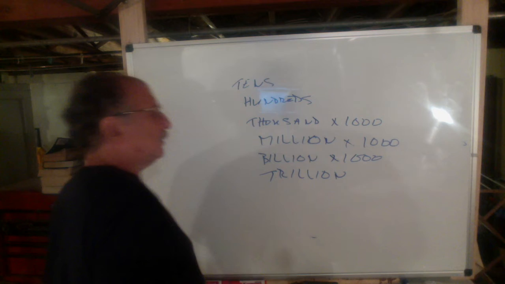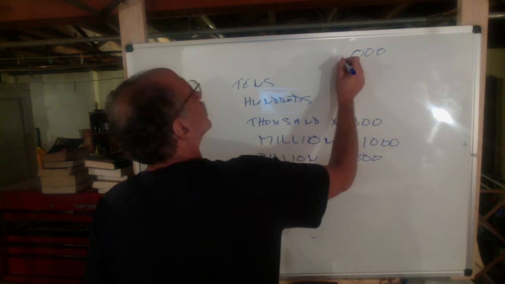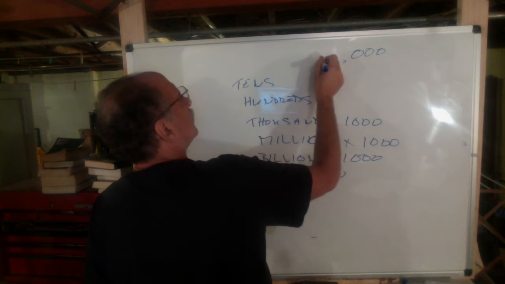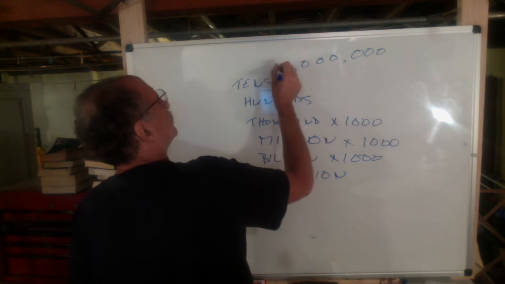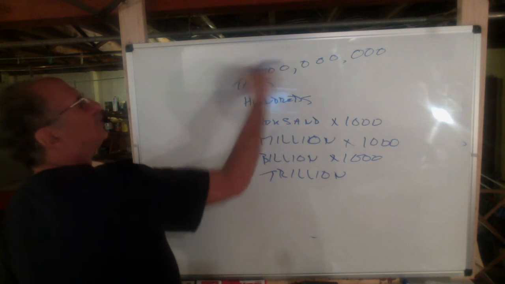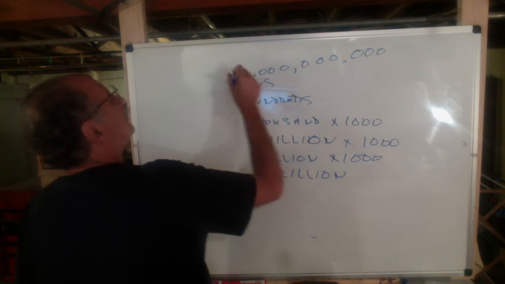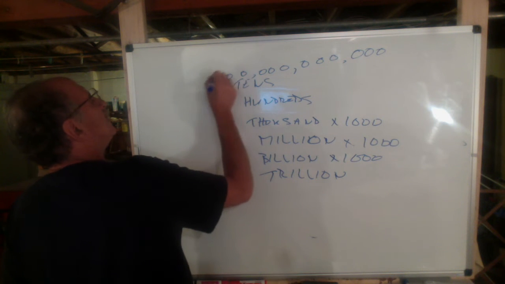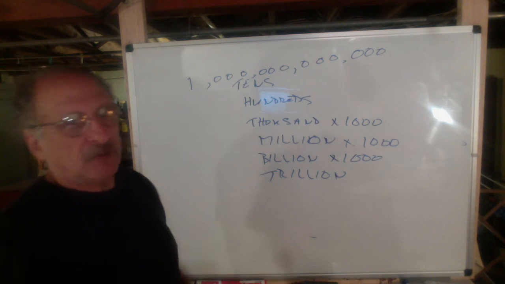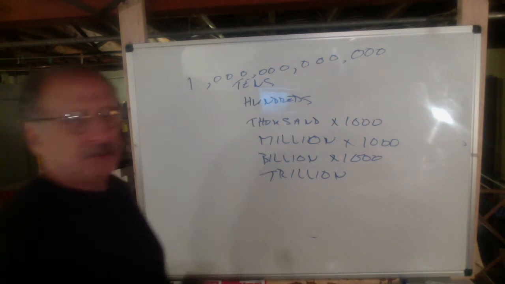That's quite a big number. And if this is confusing, you just ignore it. 100,000,000, a billion, 10 billion, 100 billion, 1 trillion. 1 with 3, 6, 9, 12 zeros after it.